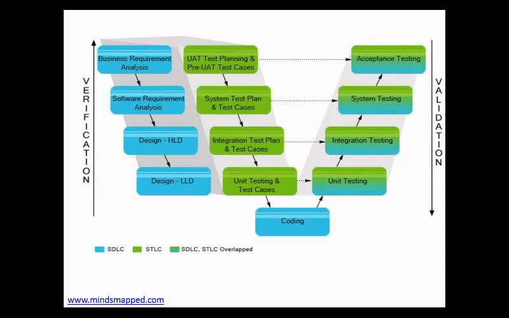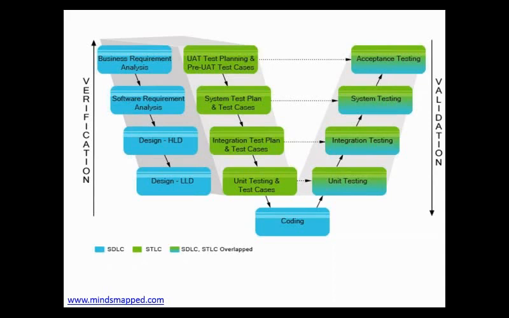In the UAT test planning, we are doing acceptance testing. Then with the system test plan, we are doing system testing. Then with the integration test plan and test cases preparation, we are doing integration testing. In unit testing, we create the unit test cases on the left hand side and do the validation on the right.